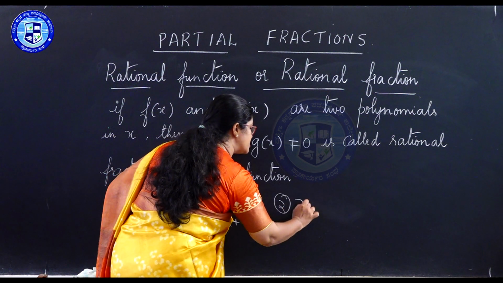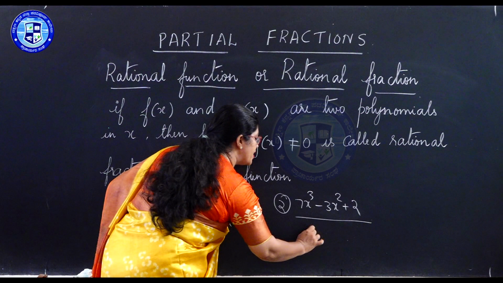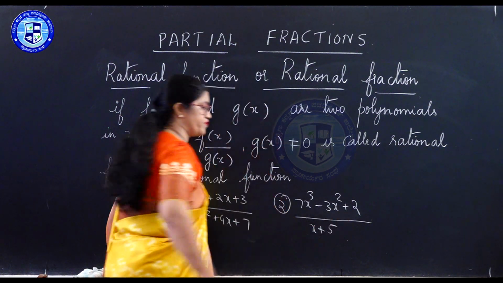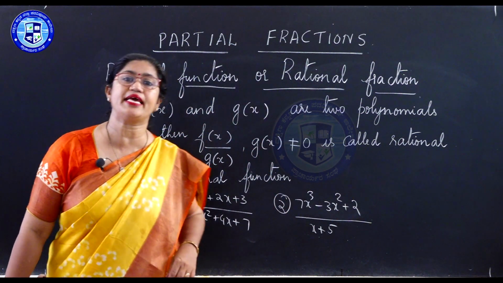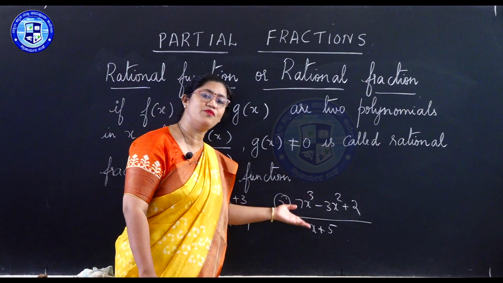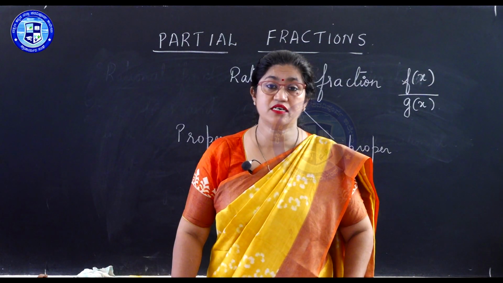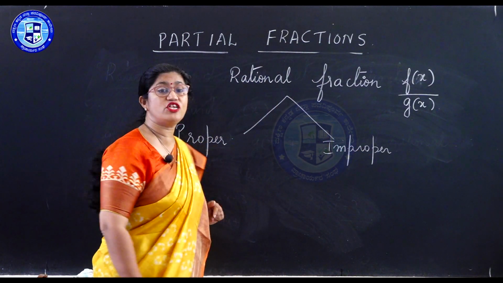Another example: 7x cubed minus 3x squared plus 2 divided by x plus 5. This is also an example of a rational fraction, one polynomial divided by another polynomial.